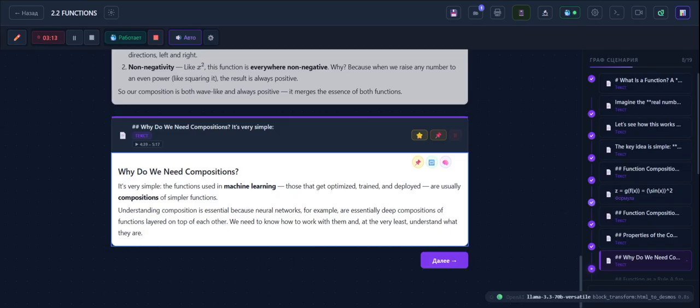So it gets optimized, trained, and deployed, and usually composite functions are used in practice. Understanding composition is essential because neural networks, for example, are deep compositions of functions layered on top of each other. We need to know how to work with them and, at the very least, understand what they are.